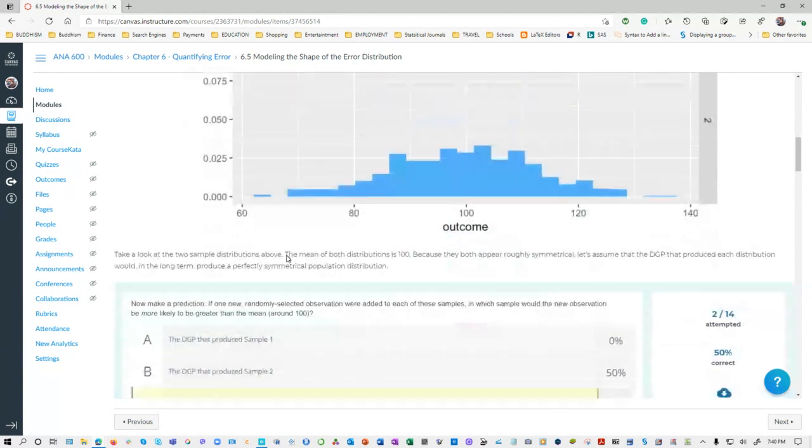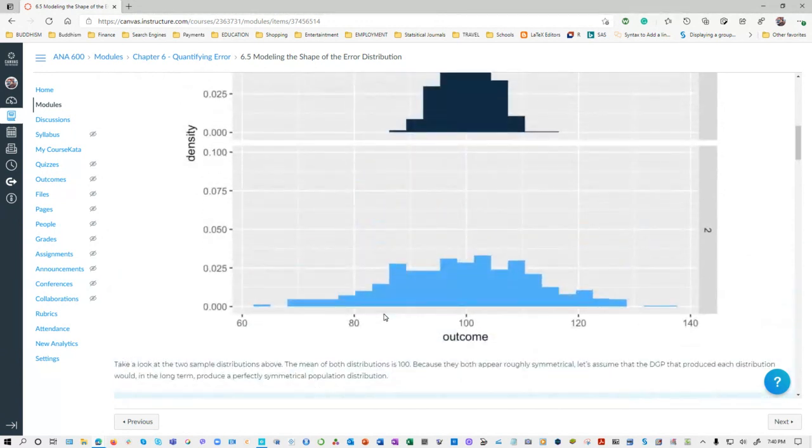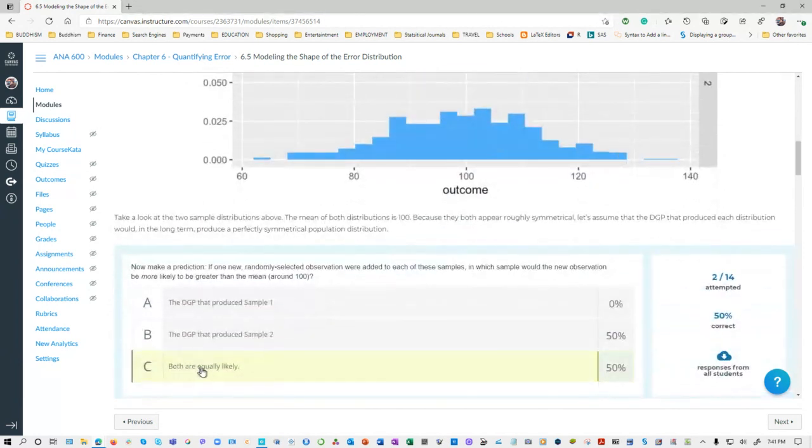The next observation being more than 100 is equally likely to be in this distribution or this distribution. With equal probabilities, like a 50% chance, both are equally likely.